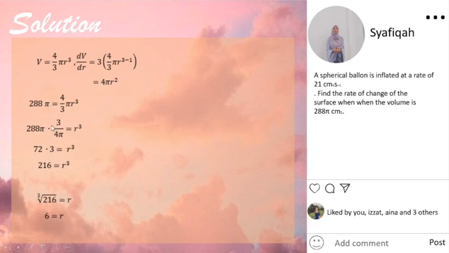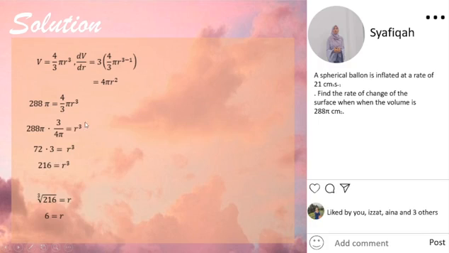Both pi we can eliminate, so it will become 72 multiplied by 3 equal to r cubed.